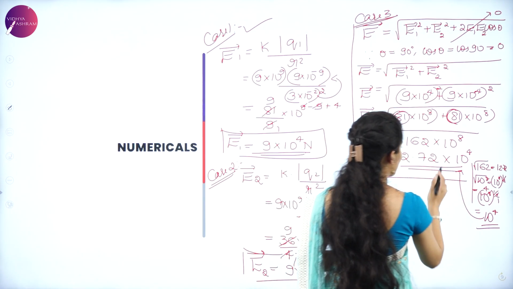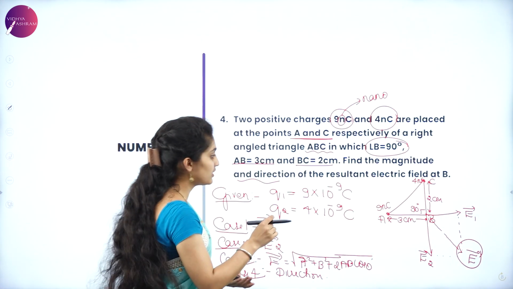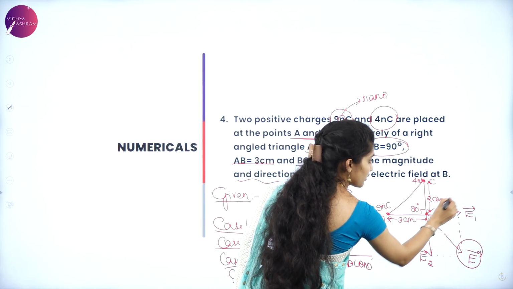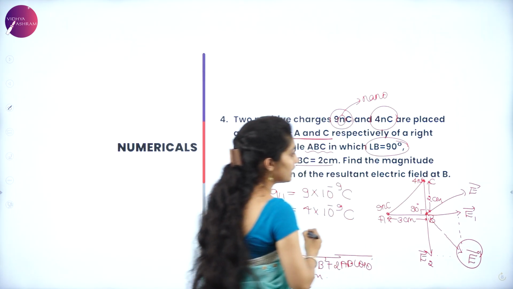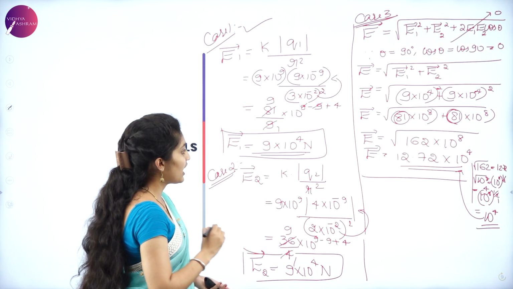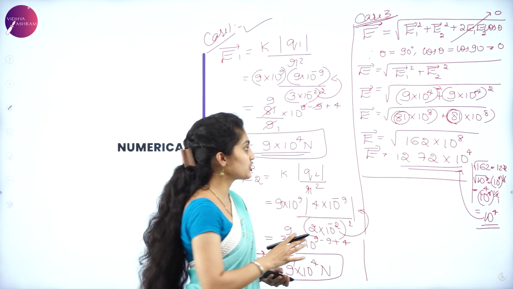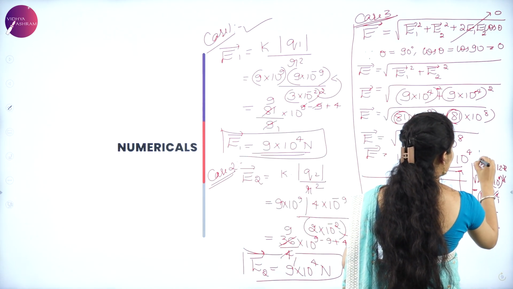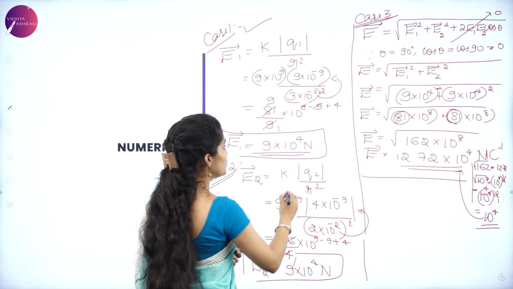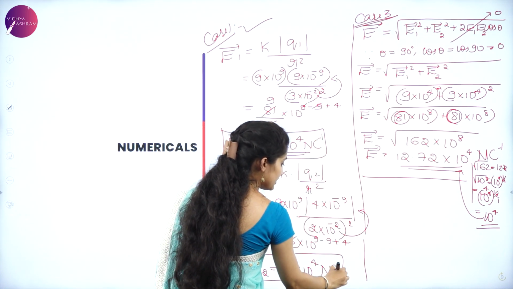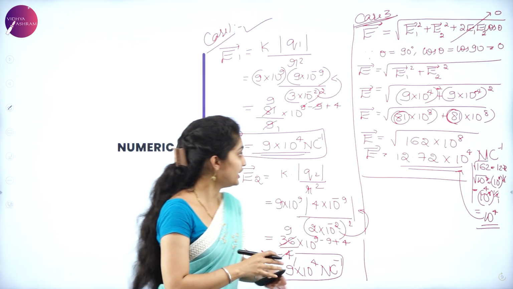This is said to be the magnitude of the electric field at point B, that is, at this point the electric field E is present, along this line B to E. So the magnitude at that point is 12.72 into 10 to the power of 4, and the SI unit is Newton per Coulomb, that is Newton Coulomb inverse. For force it is only Newton.